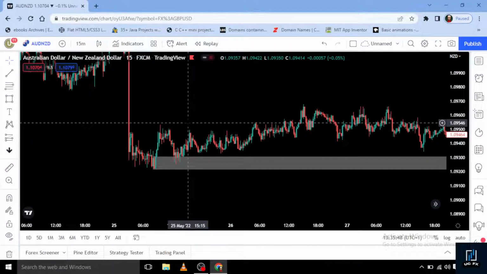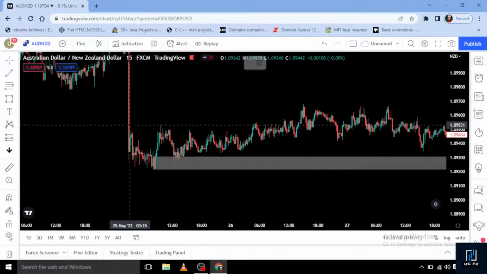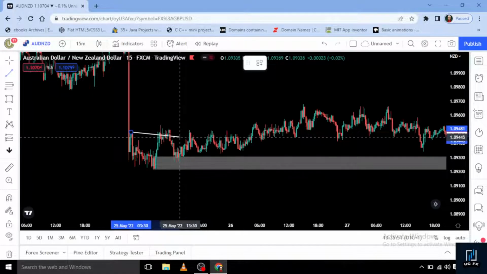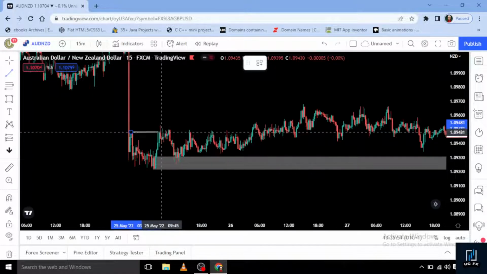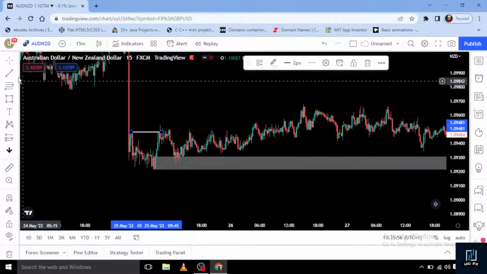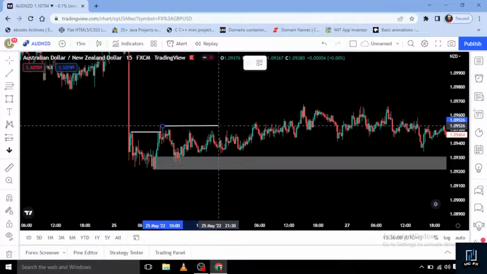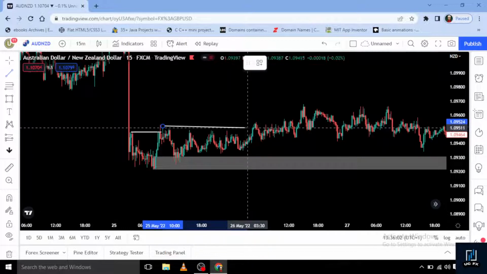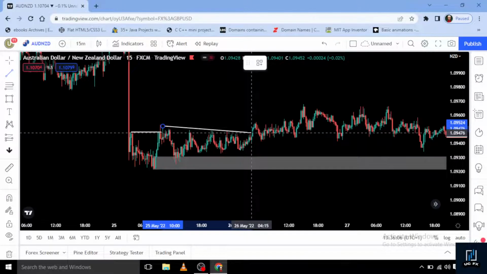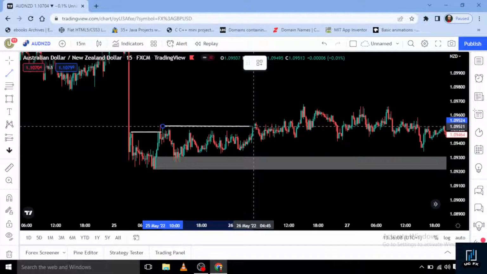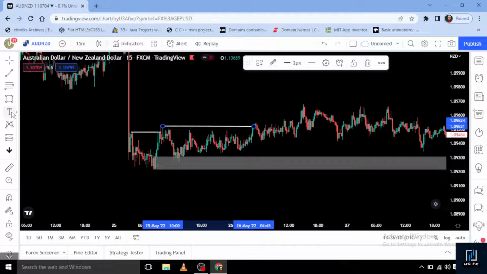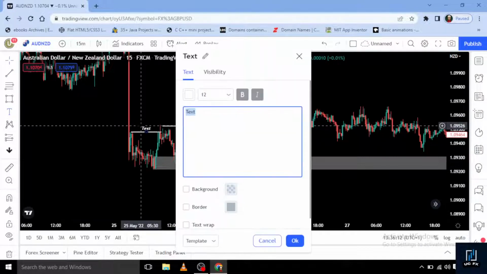What next? You need to see a break of structure. Here we have a 15 minutes break of structure. We as well had our 15 minutes break of structure right here. We're going to be marking that out as our break of structure.